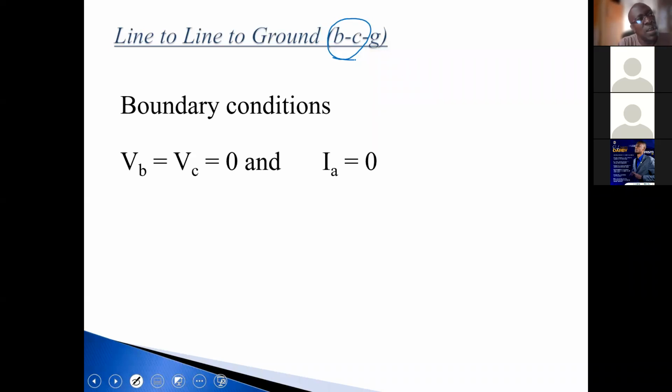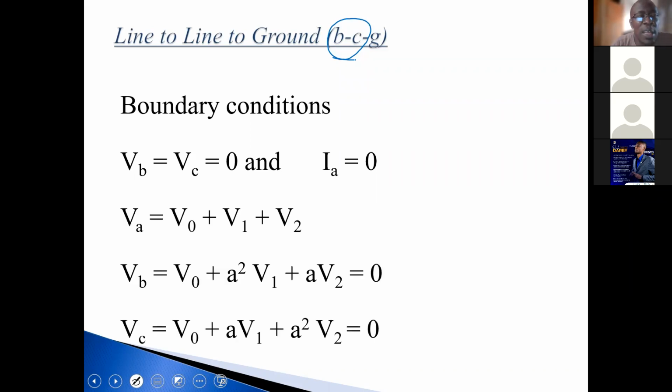When we looked at symmetrical components, we also said that it is true for both current and voltage. So again, we can write our voltage equations, and based on our boundary conditions, VB and VC are 0. We can do a similar analysis, setting them equal to each other.